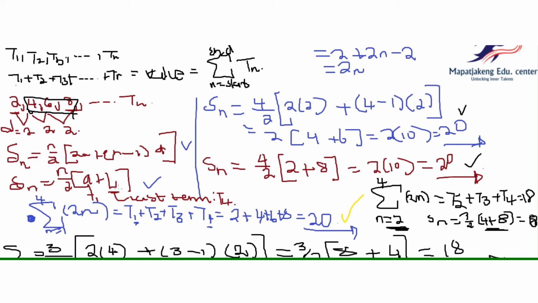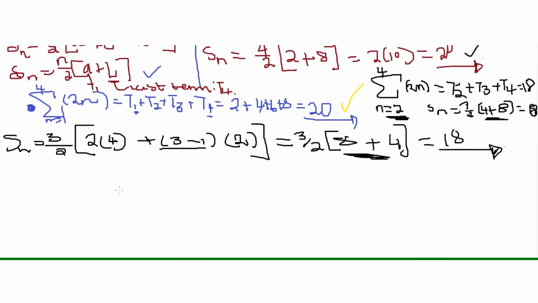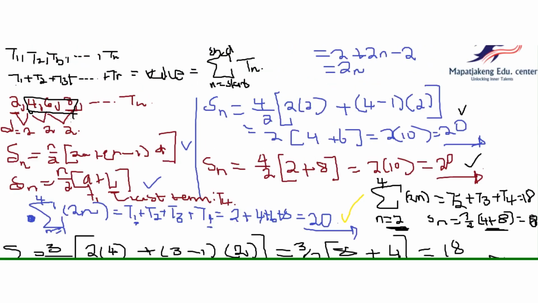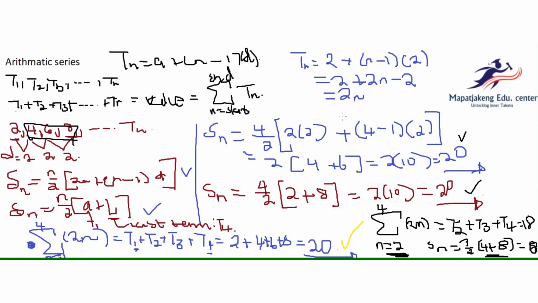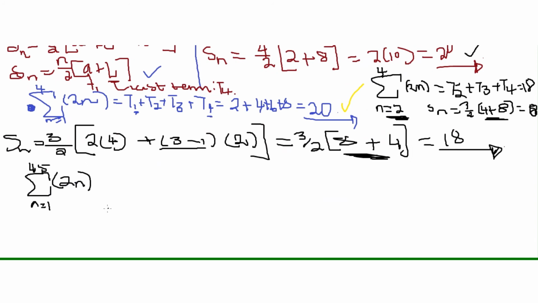That's about it. That's about series. When we're talking series, we are adding numbers. Then on the same sequence, we can say sigma starting at 1, ending at 45 of the same sequence 2n. 2n we know we calculated here, don't forget, right?